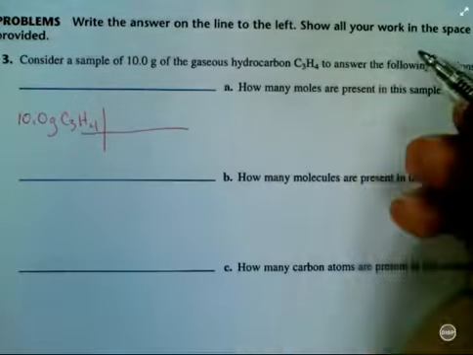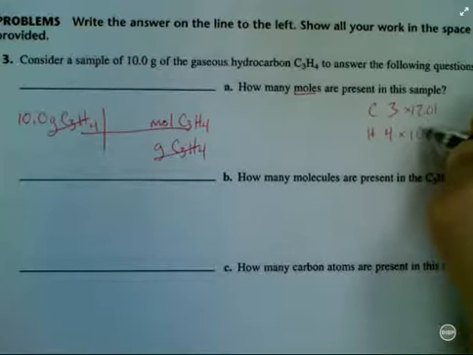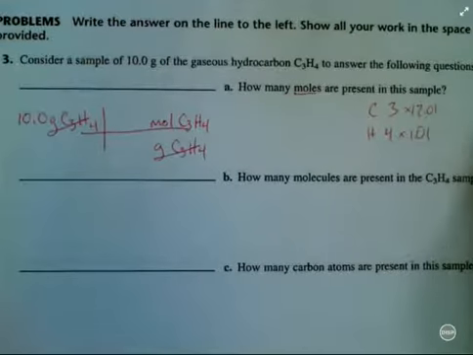What I need to calculate in order to put in here is the molar mass of C3H4. So over here on the side, I've got 3 carbons, each at 12.01. I have 4 hydrogens. I'm just going to round a little bit.